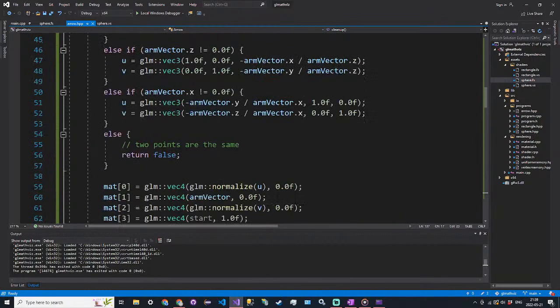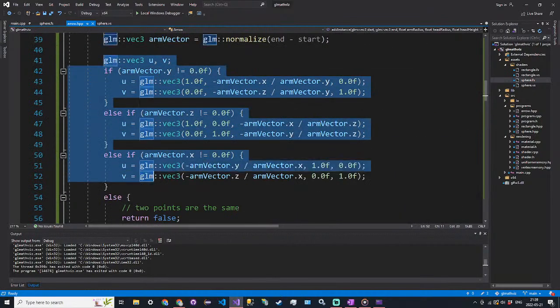So the calculations that we did up here with the basis vectors are only one part of the calculation. This is the transformation part. We next need to generate the vertices, and it's going to involve trig, as with the sphere.